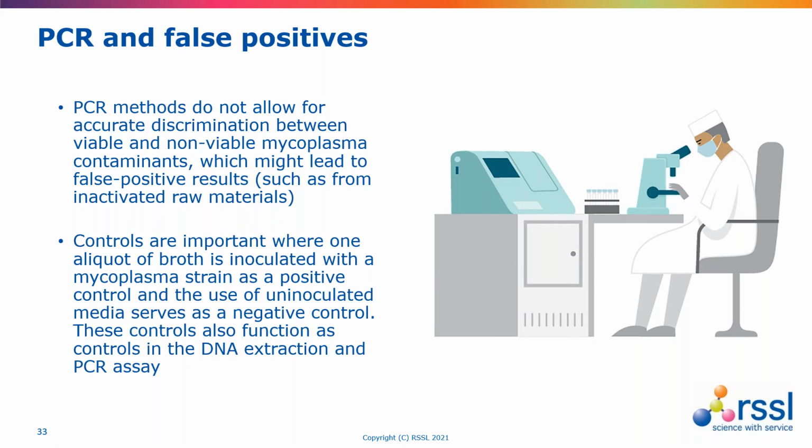So we might have a risk for an inactivated raw material, and also negative controls as well, which could be the use of, say, uninoculated media. So again, that whole continuous aspect of good controls needs to be central to the PCR test as much as it is to the culture-based test as well.